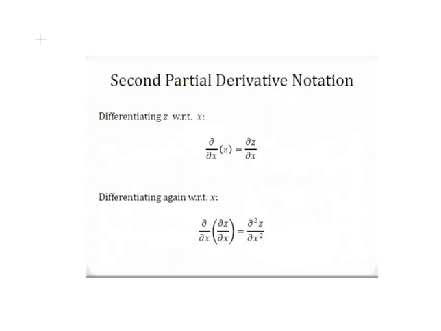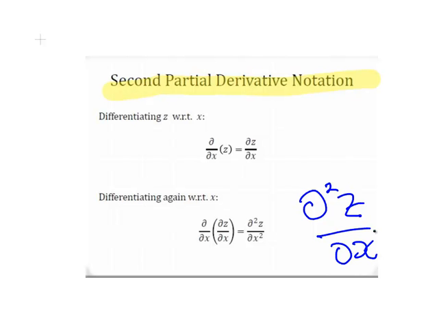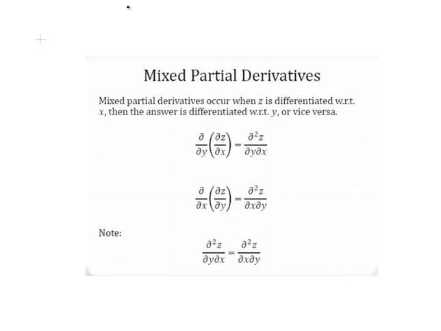Second partial derivative notation, something I mentioned here: the first order partial derivative of z with respect to x, that's how you write it there, and the second order partial derivative of z with respect to x, that's how you would write it there. Again, just to re-emphasize that point, because we are going to use it again. But this is the important part now.